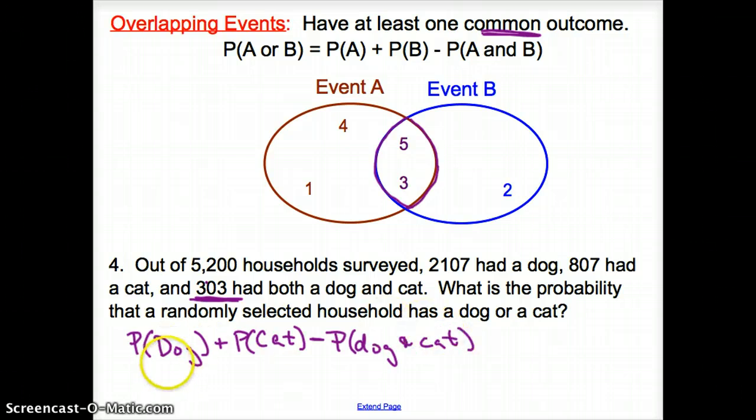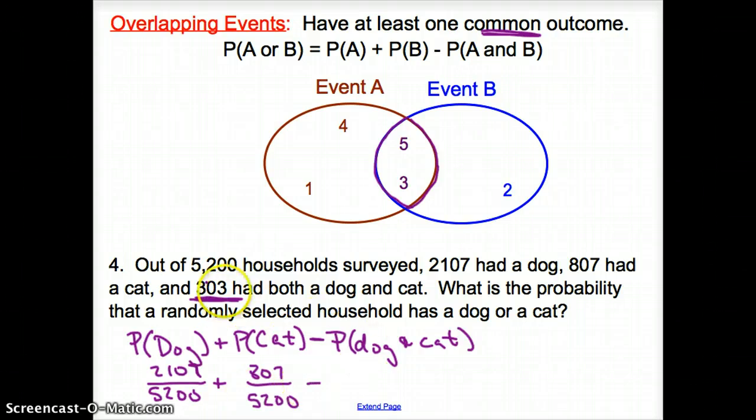So again, what's our total? Our total is 5,200. How many of those have a dog? That is 2,107. Plus probability of a cat. We have 807 own a cat out of 5,200.